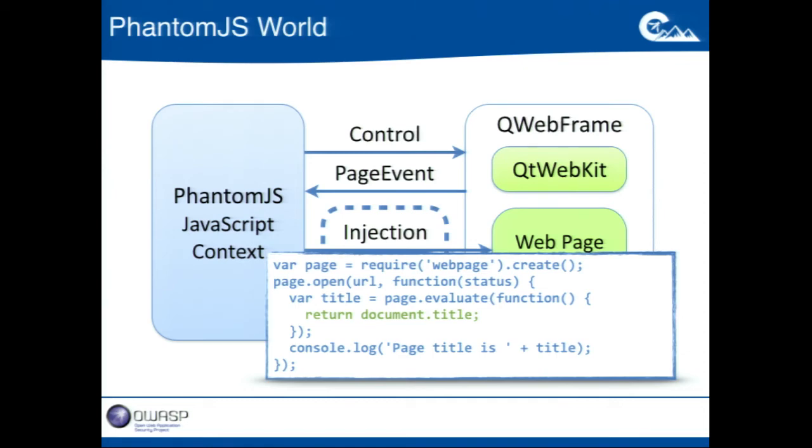After the page is opened, you can actually evaluate some functions on the page. Note that page.evaluate will serialize the given function into a string and send it into the page, evaluate the string as a function, then send back the result, which is also serialized.